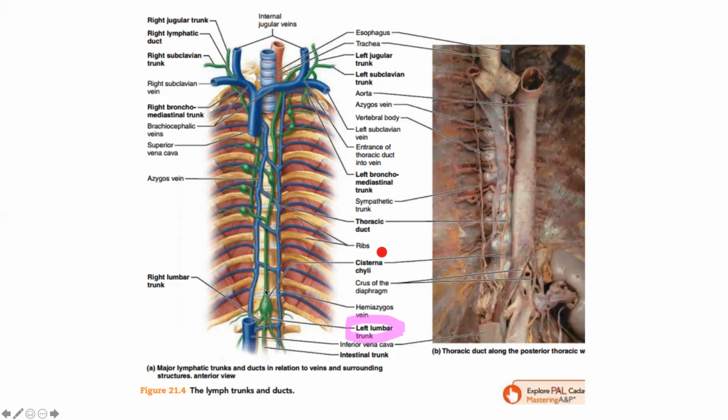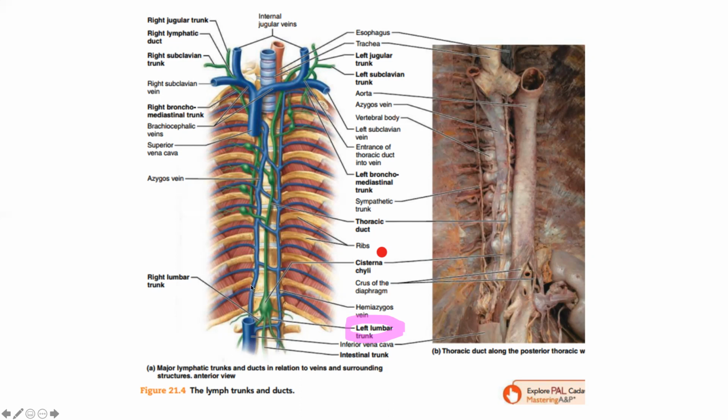And cisterna chyli will continue as the thoracic duct, which is running here, just anterior to the vertebral column, and finally it will drain into the junction between the left internal jugular vein and left subclavian vein. Along its course, it will receive multiple lymphatic tributaries, which will enter into the thoracic duct.